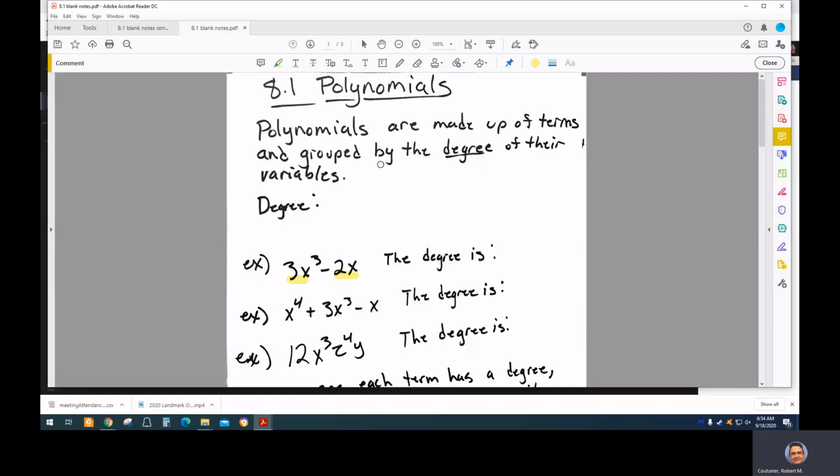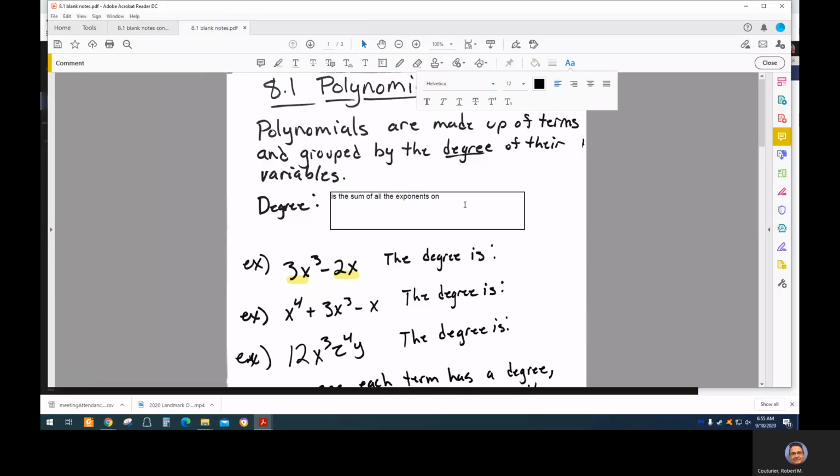And then we like to group each of these by a degree. And the degree we use has to do with the variables in each term. We need to formally define what a degree is, or at least a way of how we find it. So the degree is the sum of all the exponents on all the variables in the term.